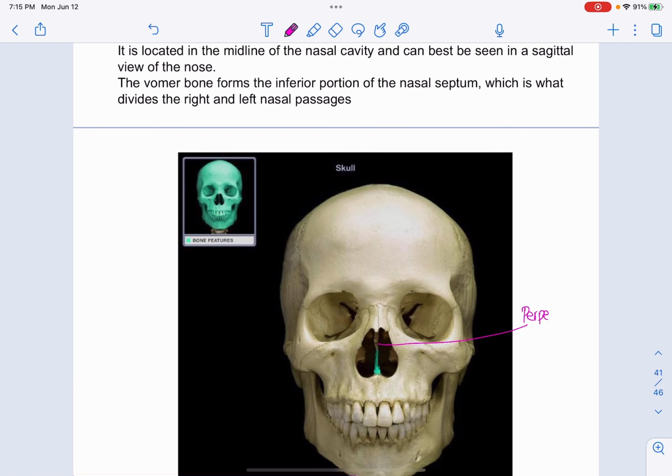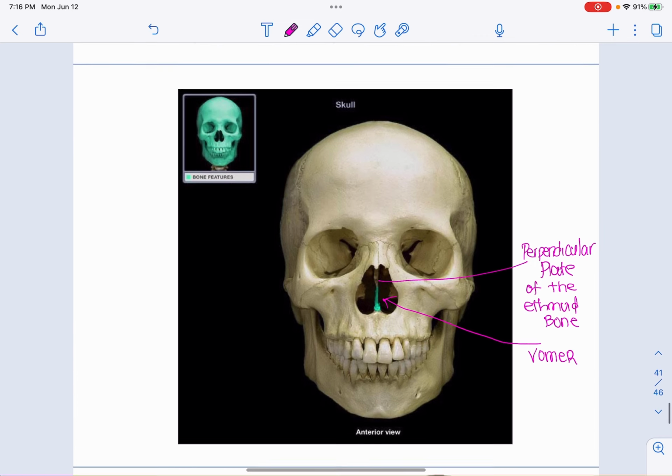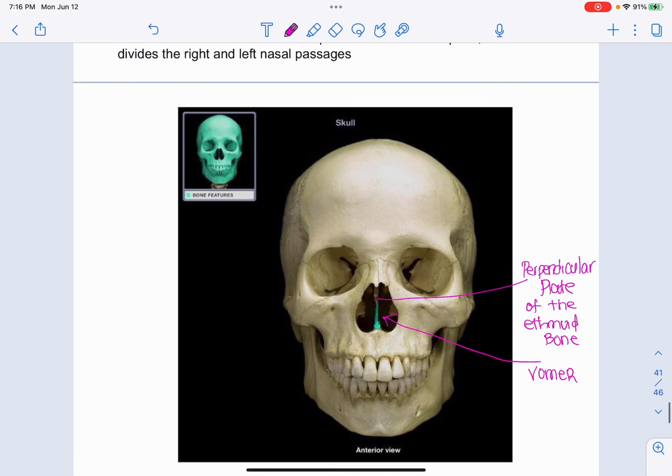Remember, the perpendicular plate of the ethmoid bone forms the top part of the nasal septum. The vomer forms the bottom part of the nasal septum. Those are the two pieces that come together to form the nasal septum, and that's what separates the left and the right nasal passageways.